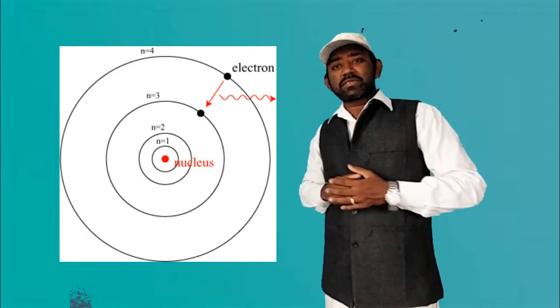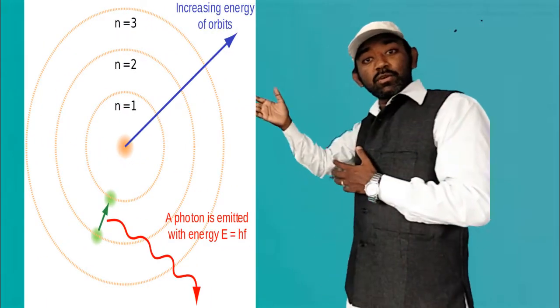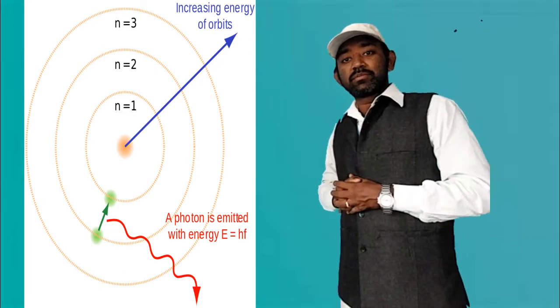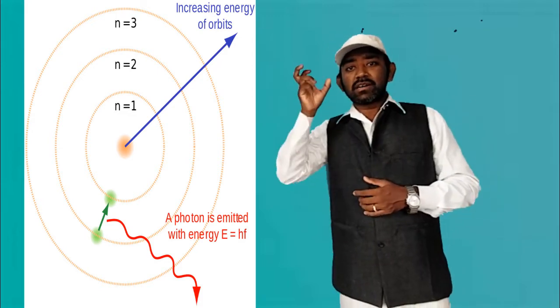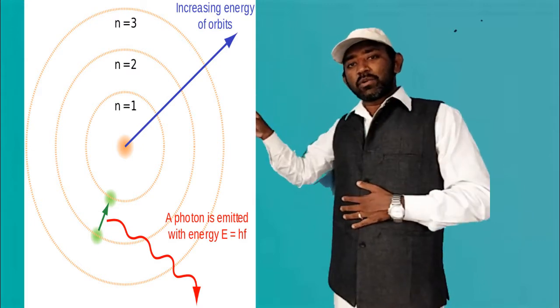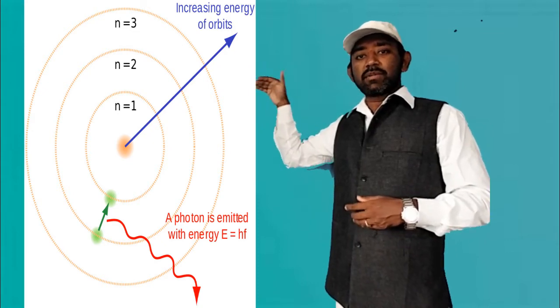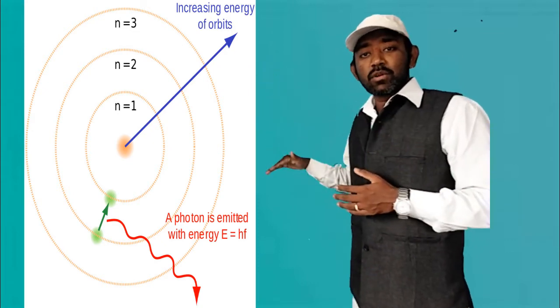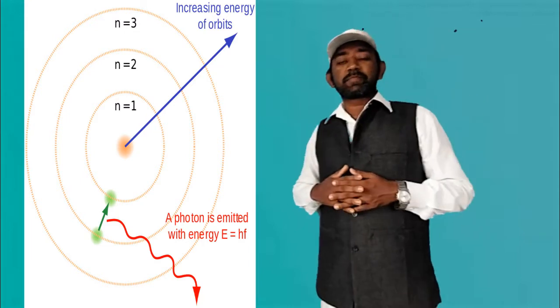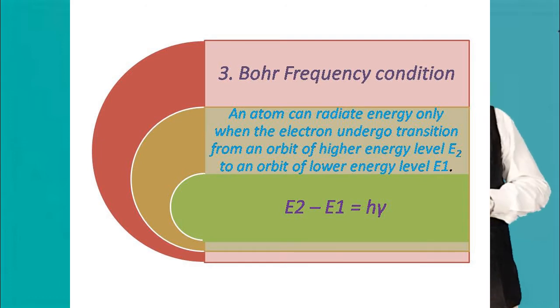While coming back to the ground state, it emits electromagnetic radiation, which is given by E2 minus E1 is equal to h nu. Here h nu is the energy of each photon, E2 is the energy of the higher energy level, and E1 is the energy of the ground state or lower energy level. E2 minus E1 is equal to h nu. This condition is called Bohr's frequency condition.